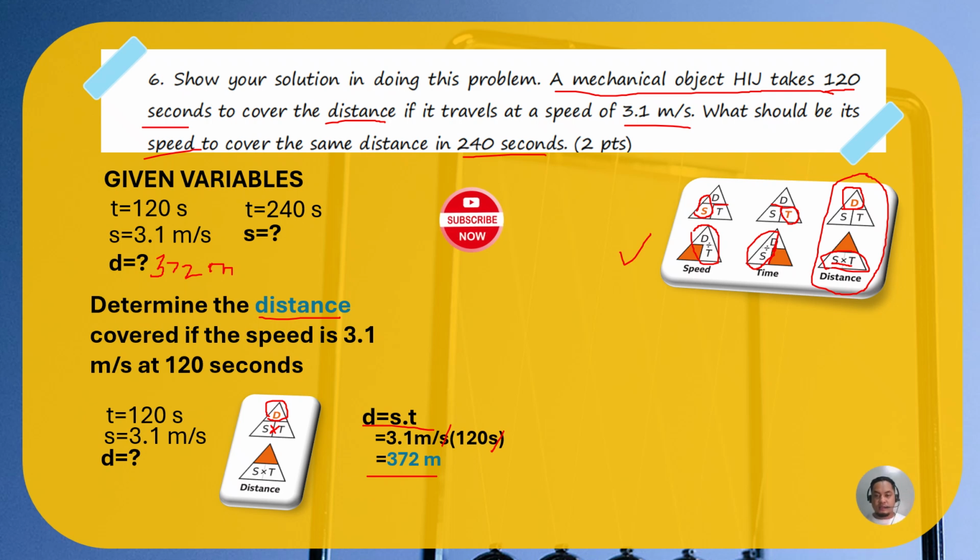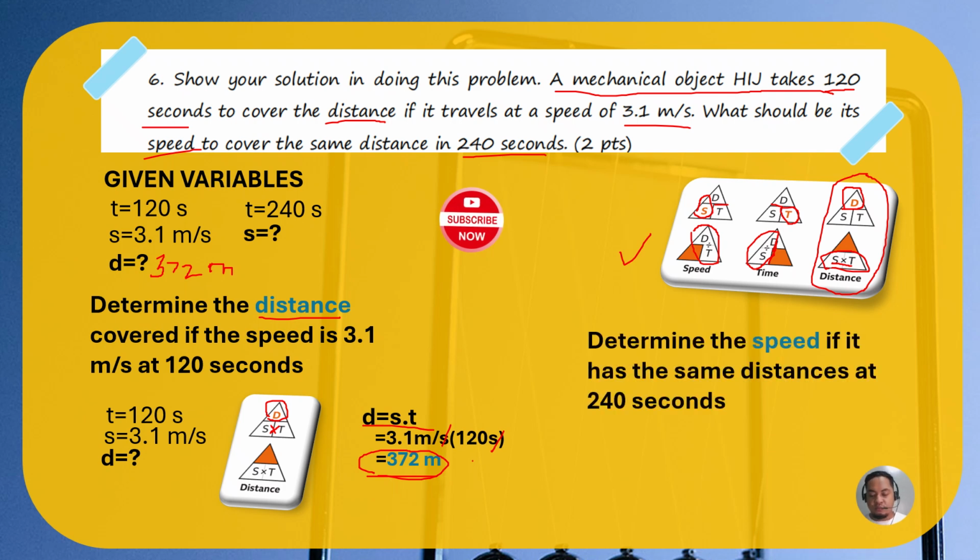Now, in the second question here, what should be its speed to cover the same distance of 372 meters? What will be the speed if the same distance is covered in 240 seconds?